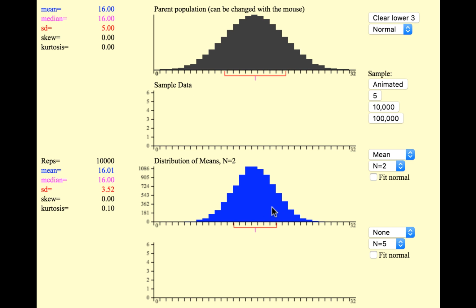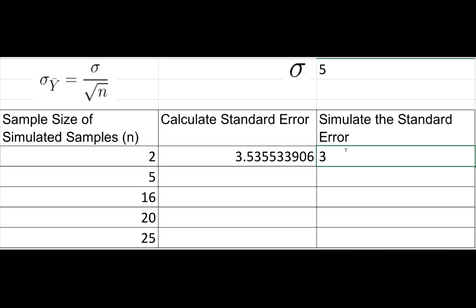Okay, so here's the standard deviation. This is the average distance from the mean for all of these means, and that number is 3.52. Hey, 3.52 ain't bad, right? That's pretty close to what we got from just calculating it.